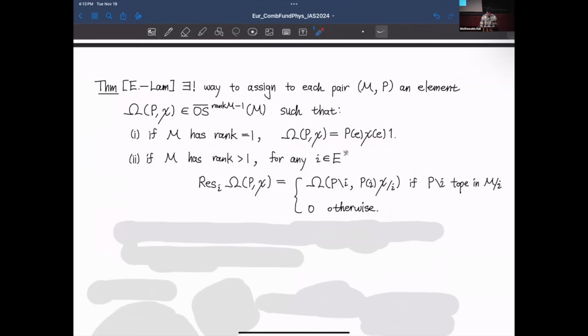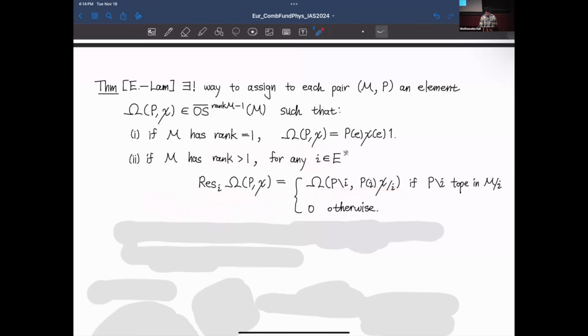And the right way to say it is that for any element, if I take the residue, by which I mean if I have an element of the form E1, 2, 3, and I take the residue along 1, then it just takes out the E1 part. So I get E23 and so forth. So there's a notion of taking residues, and under that notion of residue, which is purely combinatorial, there's the recursive condition.